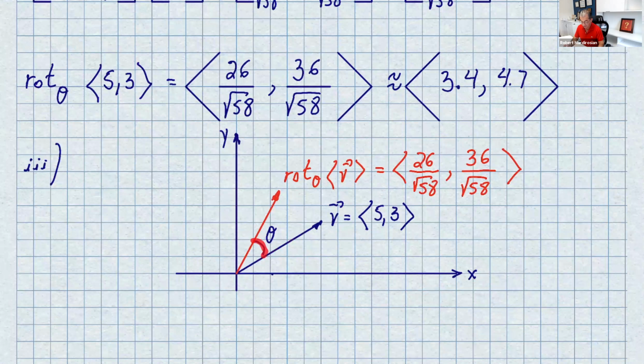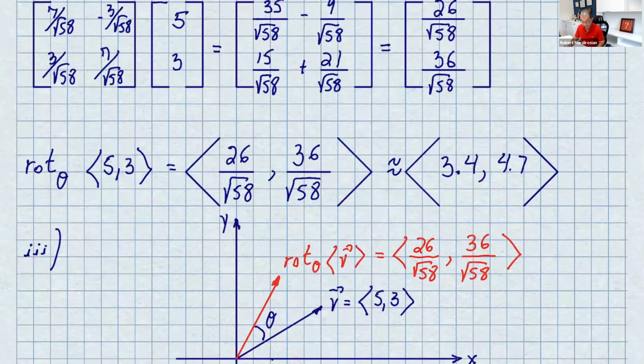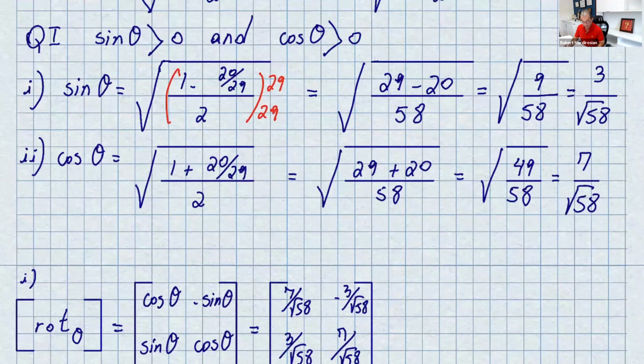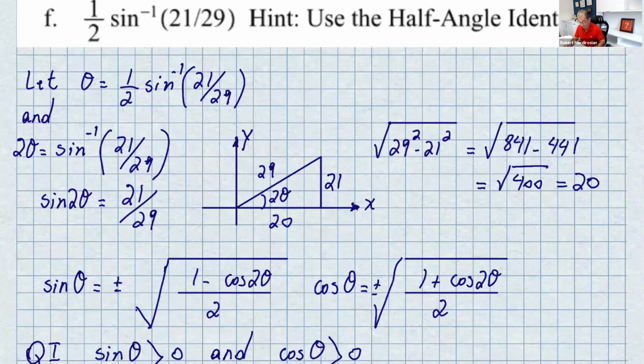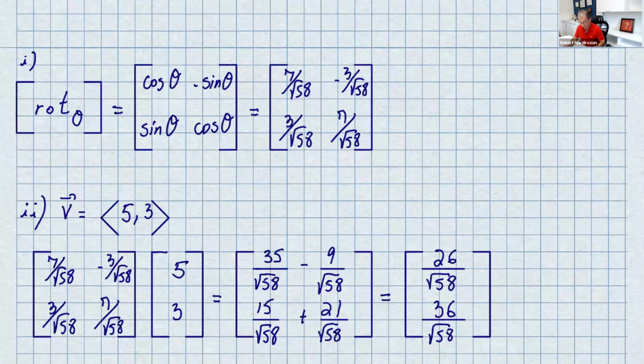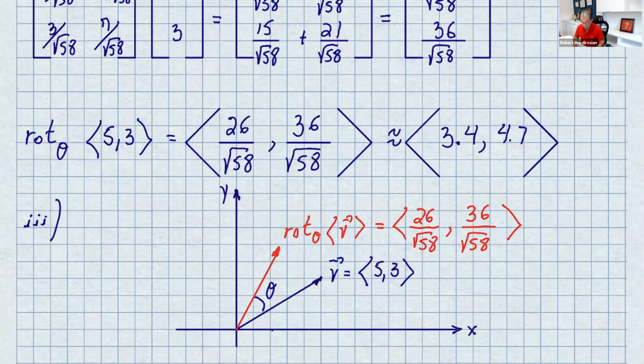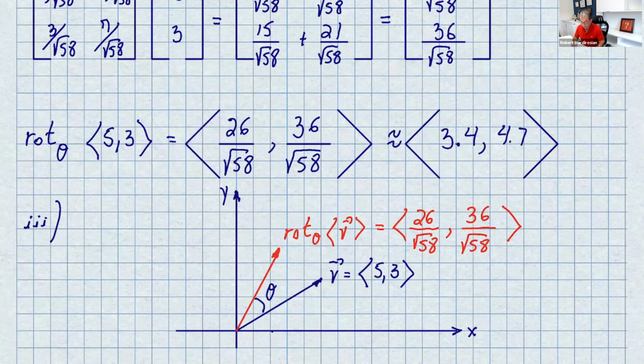We rotate it by theta, and theta, as you know, was 1/2 sine inverse of 21 over 29. And you can even find the value of that angle. So then the components of the new vector are going to be 26 over square root of 58 and 36 over square root of 58.